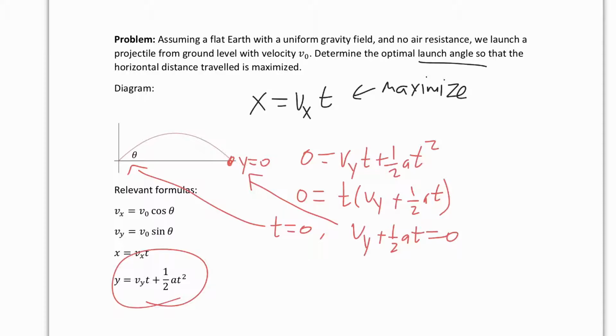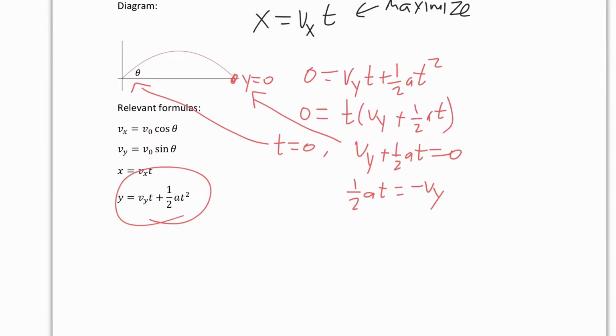So let's isolate for t. We're going to get 1/2 a t is equal to negative vy. So we can multiply by 2. a t is equal to negative 2 vy, and t is equal to negative 2 vy over a. Now again, we're going to use a equal to negative 9.8.